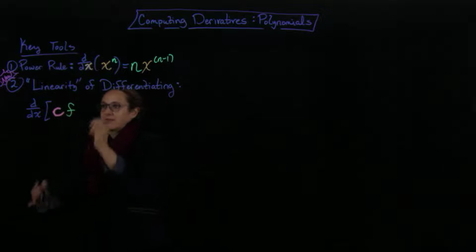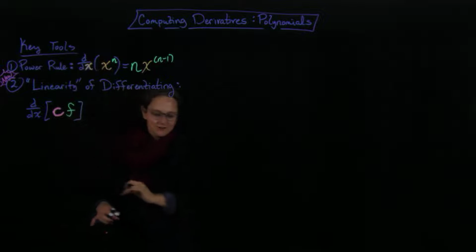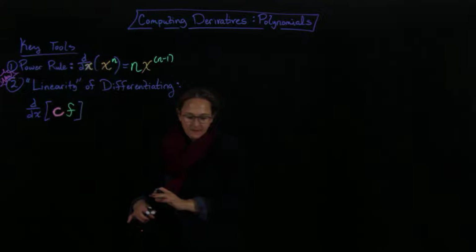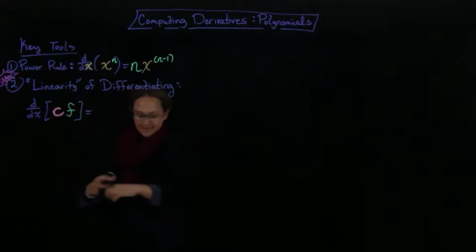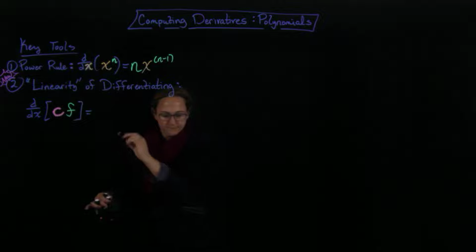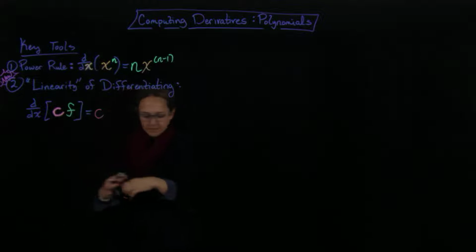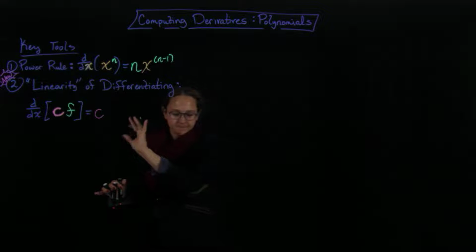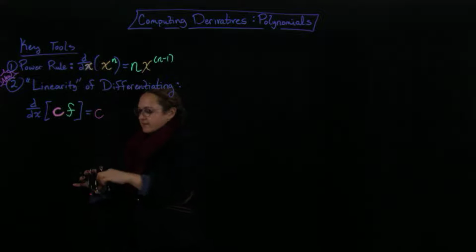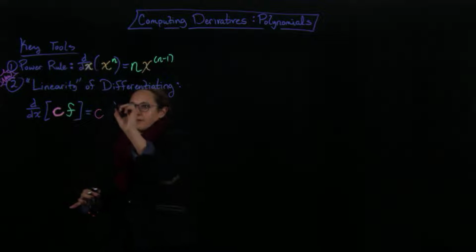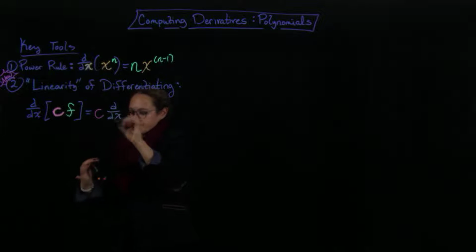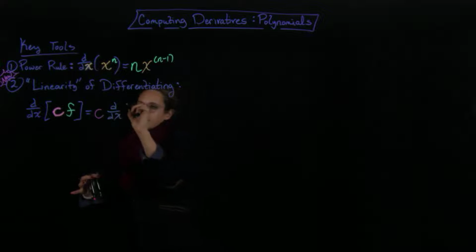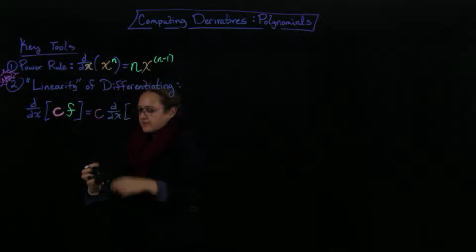This doesn't work if it's a non-constant function. Then I can actually pull the constant out, and I have the constant times the derivative with respect to x of that function f. So this is the first part of linearity.